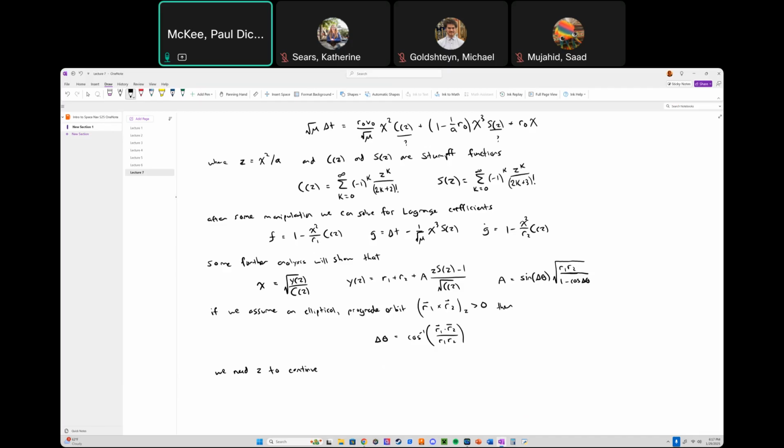What exactly is Z in this case? Well, Z is universal anomaly squared over A. Universal anomaly should be some function of theta, maybe. So we need some sort of relationship between theta and universal anomaly.